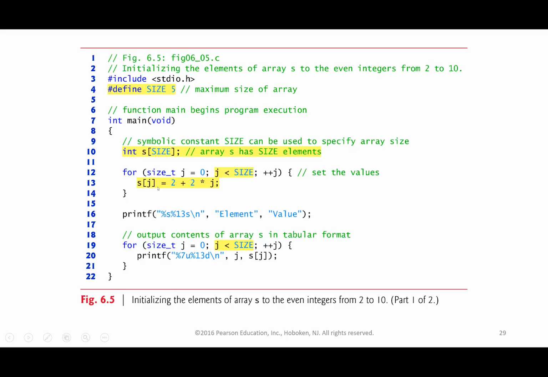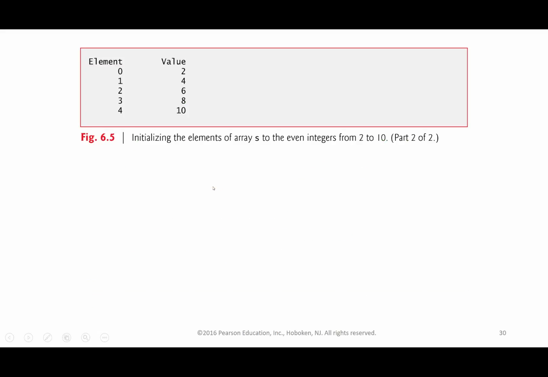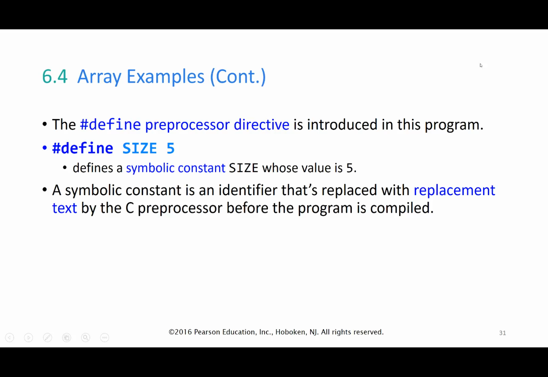We're saying s of j is equal to 2 plus 2 times j, so we're using j both as the element number pointer and as a value in calculating what goes into that element. And this just does the calculations.